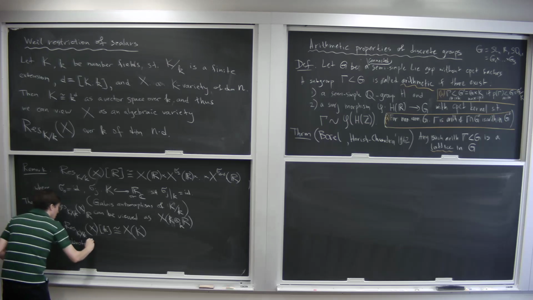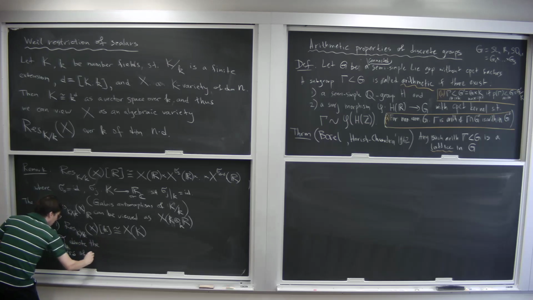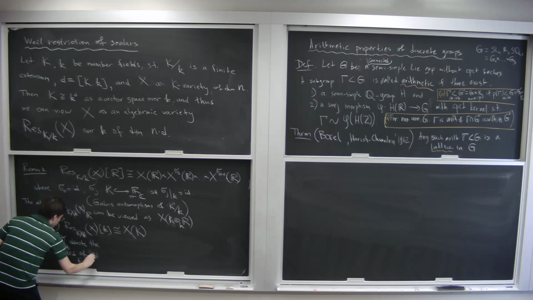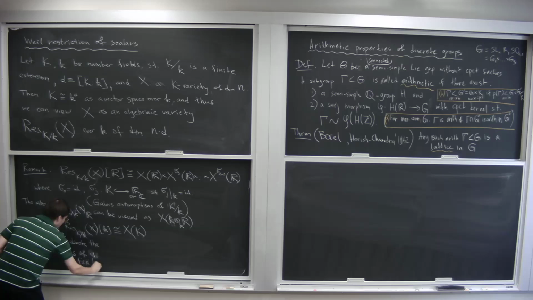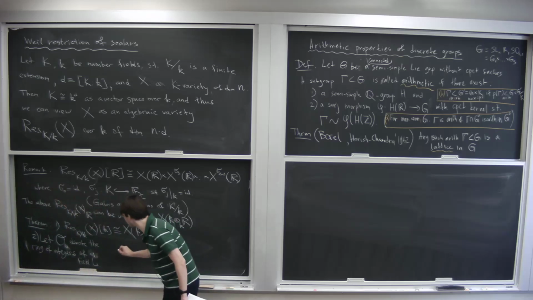O sub L denotes the ring of integers of the field L. Okay, over a field, I didn't pick this field, so over field L. Then I also have the following correspondence.